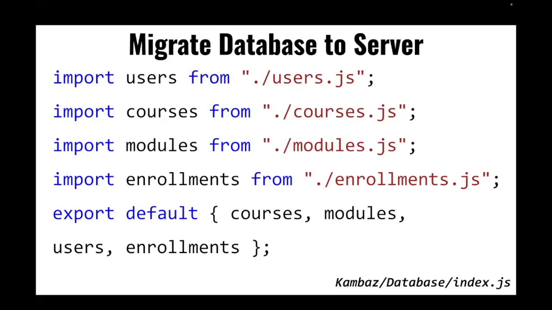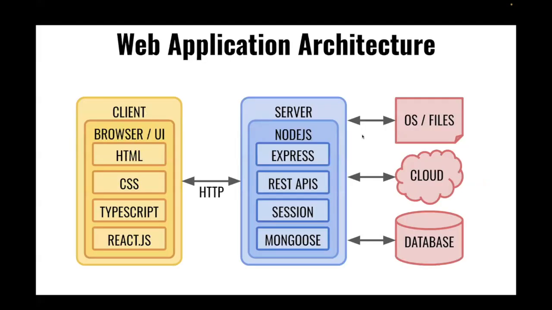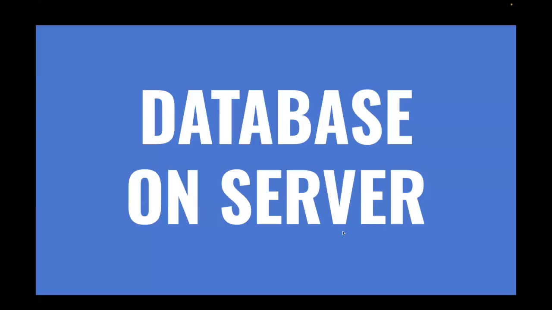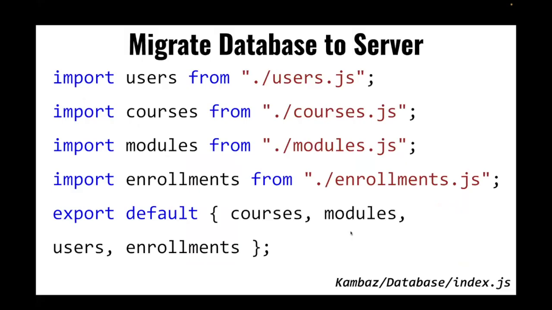In reality, the database should live in a completely separate process that we would integrate with the server. But we don't have a database yet. We'll talk about the database earnestly starting next lecture. Meanwhile, we'll bring all those JSON files over to the server and implement more or less what we already have in the client, but on the server.